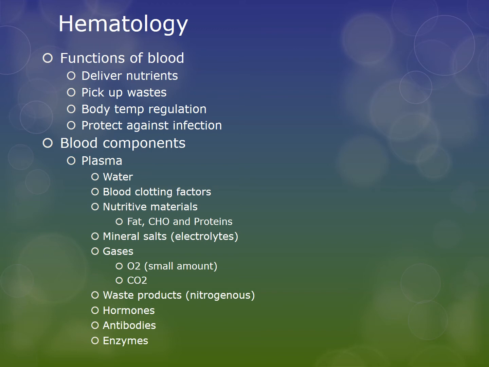And then, of course, protection against infection. We have our white blood cells. We've got not only the granulocytes, the neutrophils, eosinophils, and basophils, but we've got our lymphocytes. We've got our monocytes, our macrophages. We have multiple ways to clean our body of any kind of infectious organism or virus or anything else.